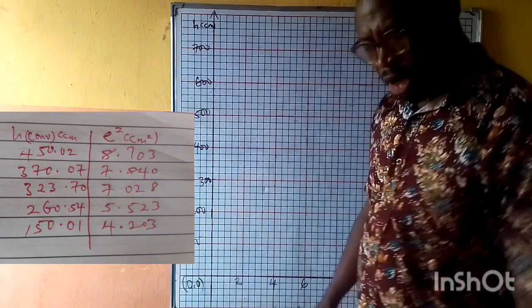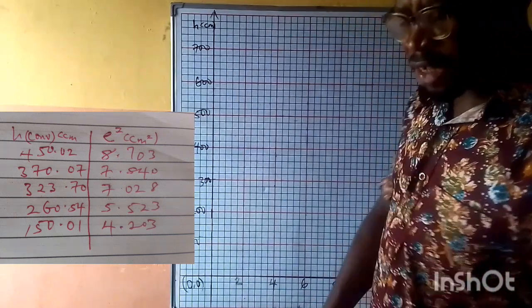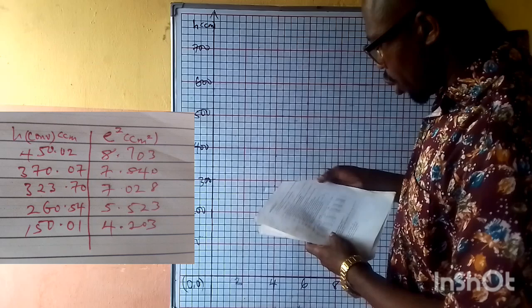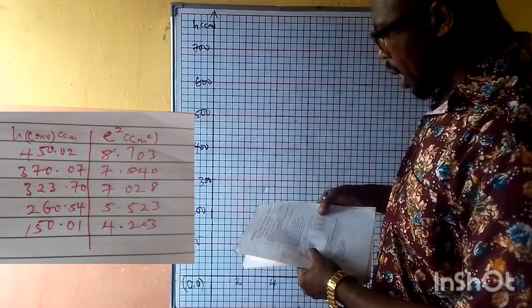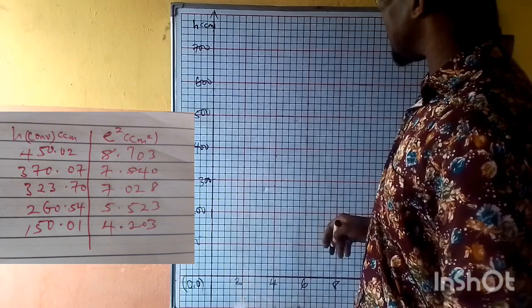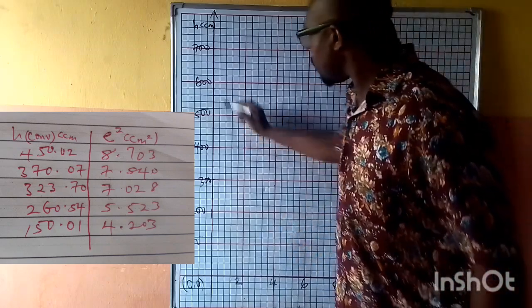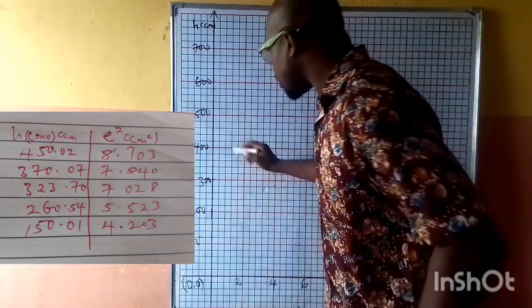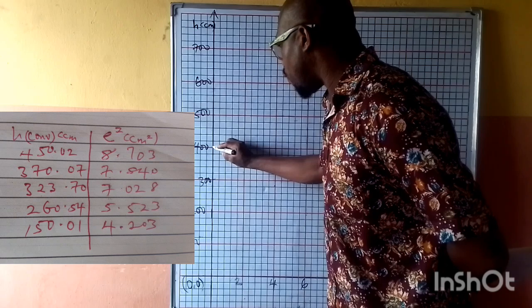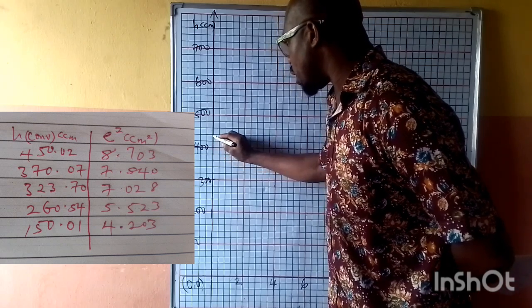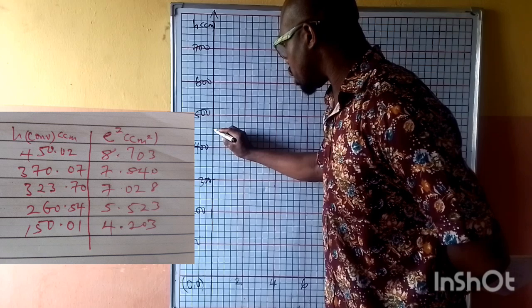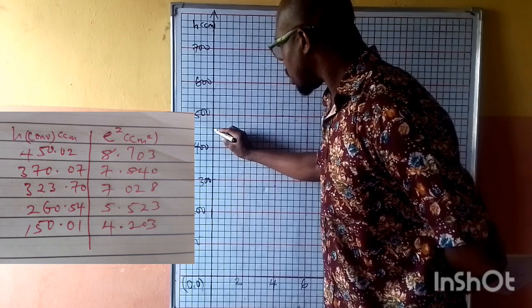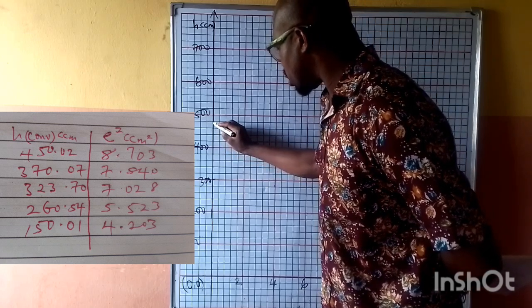Okay, now we plot the first one. The first one is 450 against 8.7. 450. We have here is 400, 410, 420, 430, 440, 450.